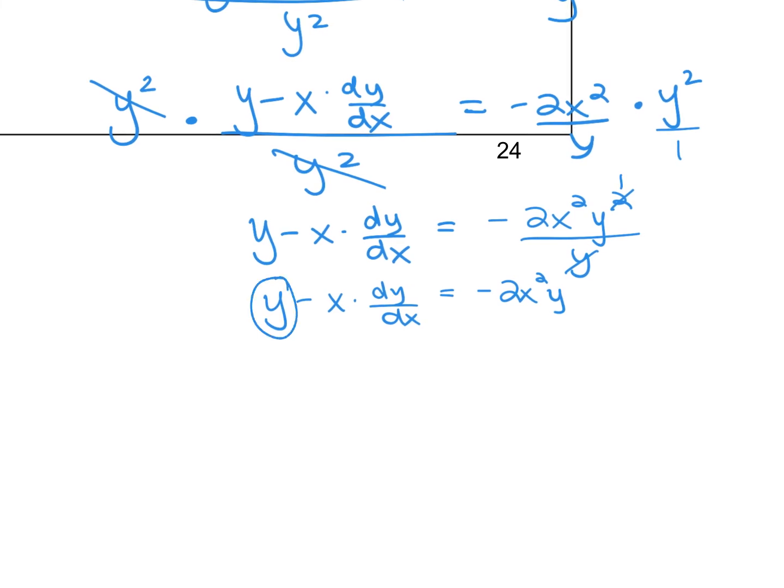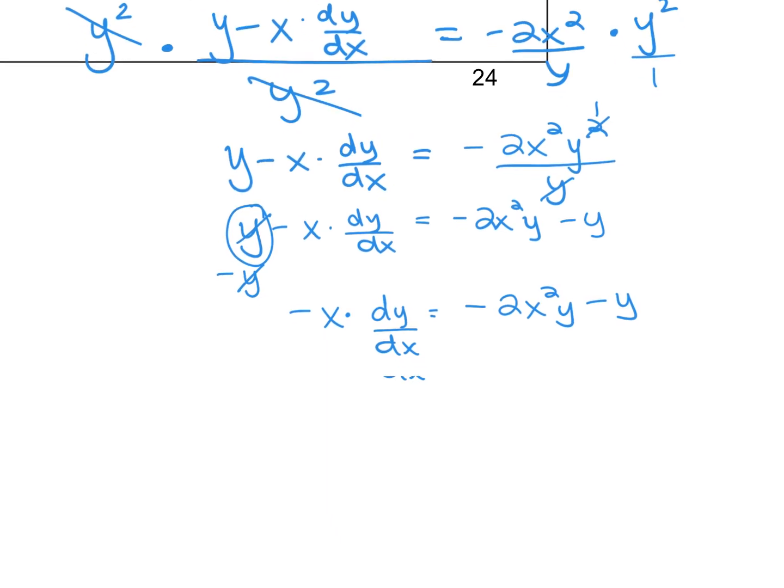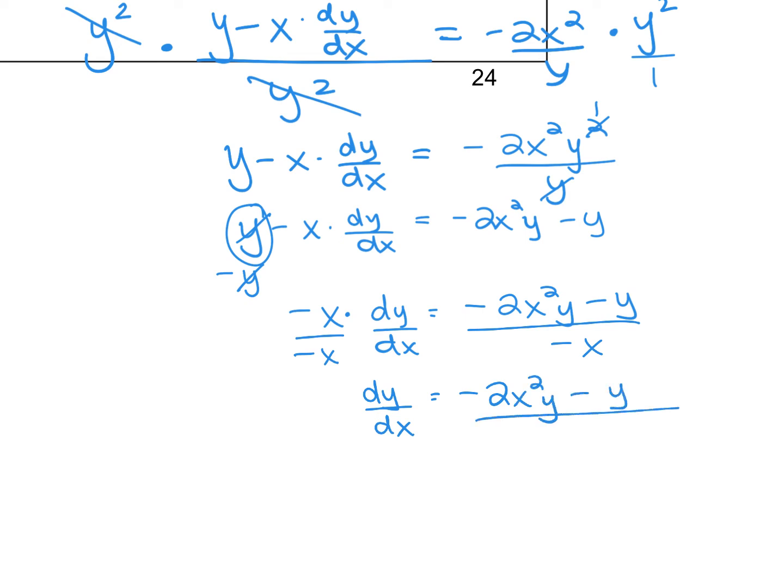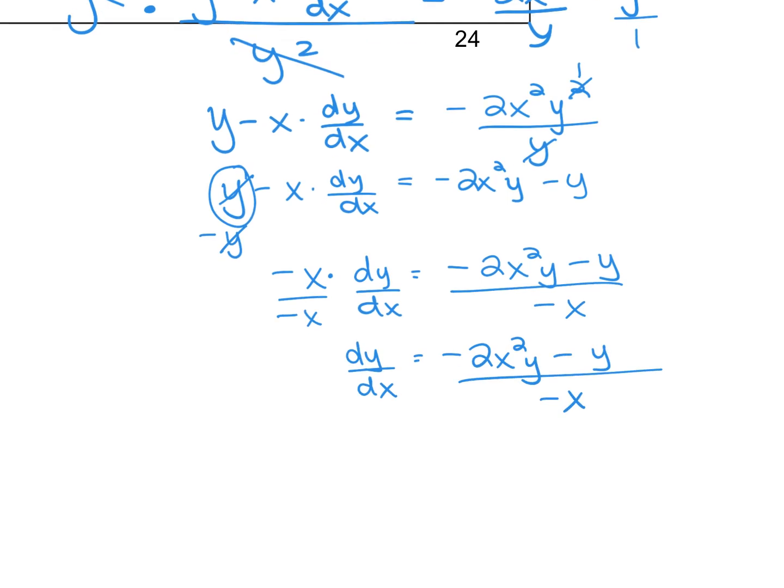I'm going to now move this y to the other side, so I'm going to subtract y on both sides. That gives me negative x times dy over dx equals negative 2x squared y minus y. And I'm going to divide both sides by negative x then to get dy over dx equals negative 2x squared y minus y all over negative x.